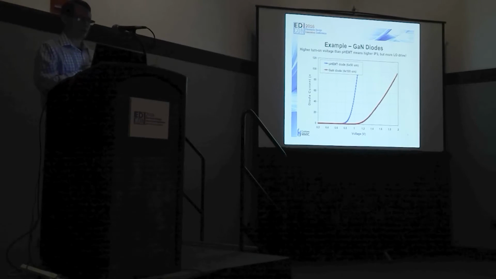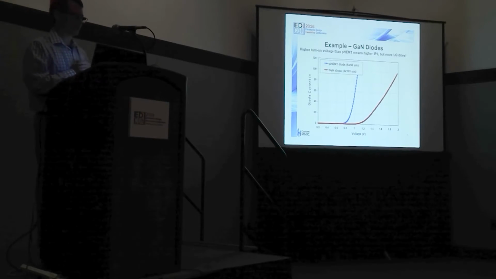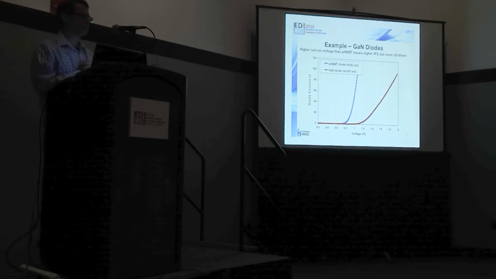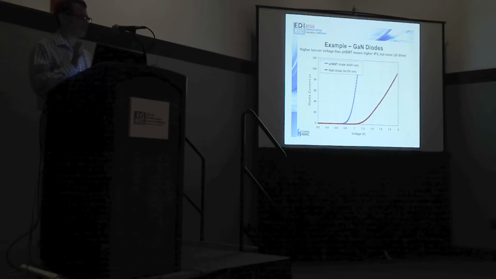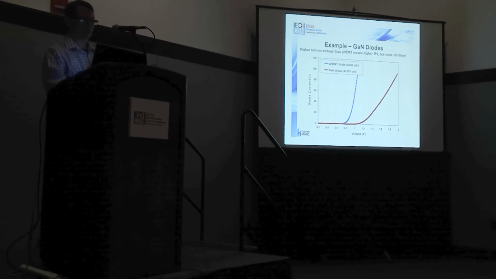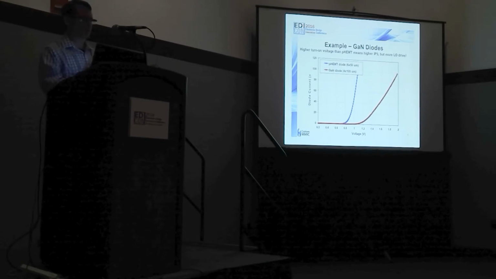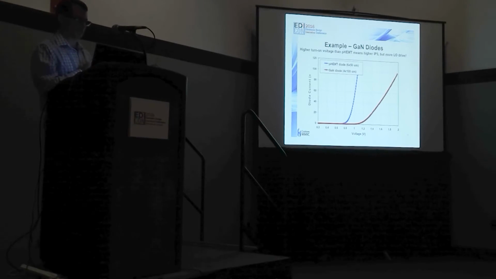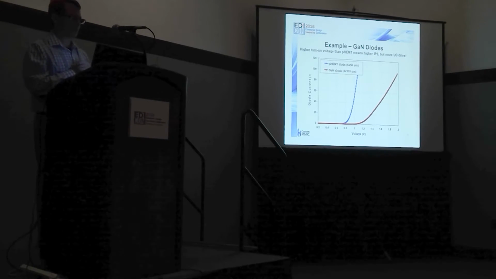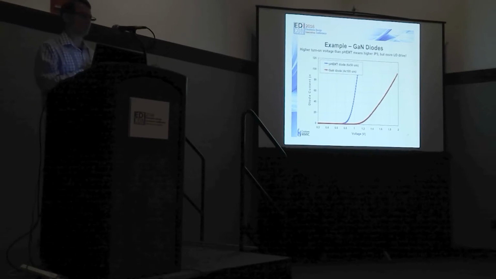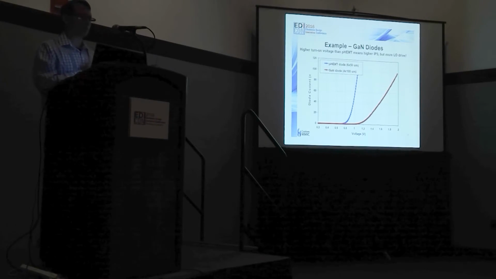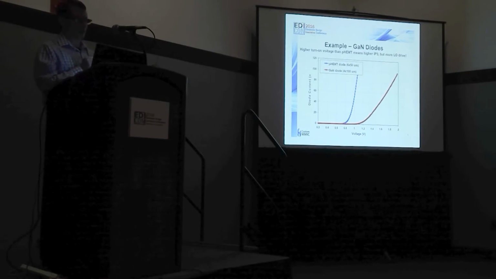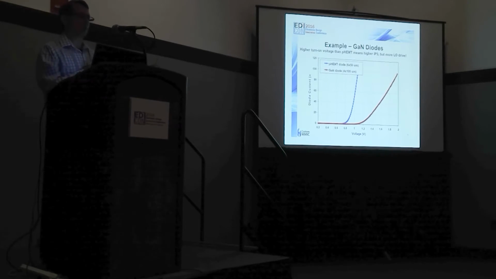GaN, on the other hand, is a little bit higher. So the red curve represents a typical GaN diode from one of the processes we use. This is a 400 micron total periphery. So again, both these are fairly big, but chosen really just to give nice current values. And we can see this one turns on around 1.1 volts, so about 30 or 40% higher than a typical PHEMT diode. The GaN will turn on, and it has a much different slope.